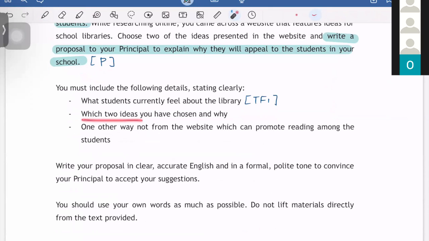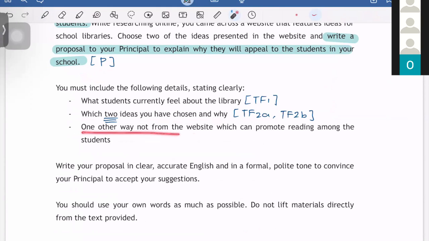Next, which 2 ideas you have chosen and why? When they tell you to state more than 1 detail in the bullet point, break up your task fulfillment. So task fulfillment 2A and then task fulfillment 2B. So these are your 2 ideas.